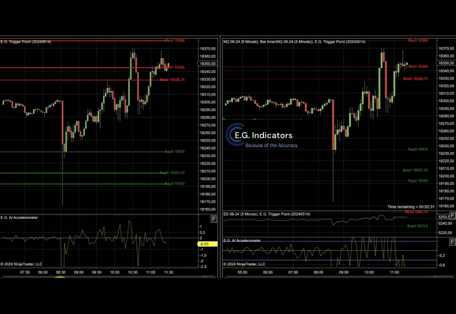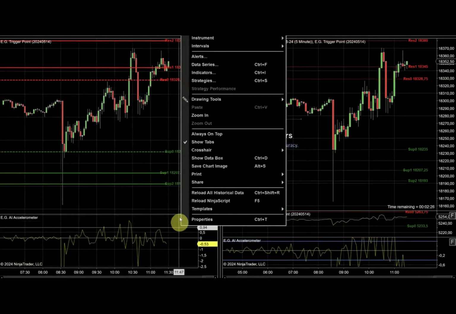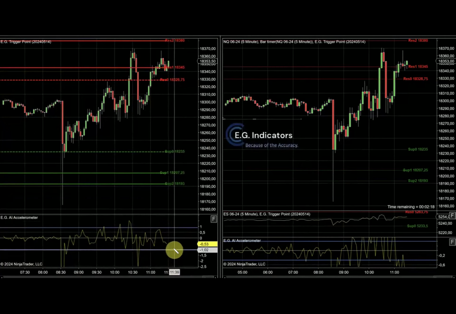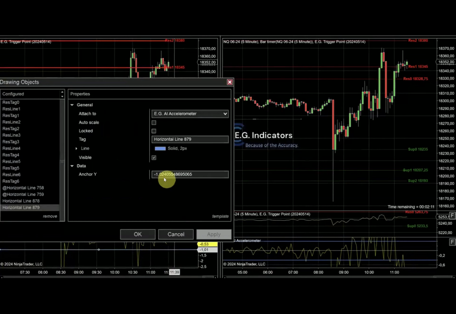So how to do it actually? You just draw a line. I just press F6 here, F6 here. Then you go to properties, and you put this value manually, like minus.